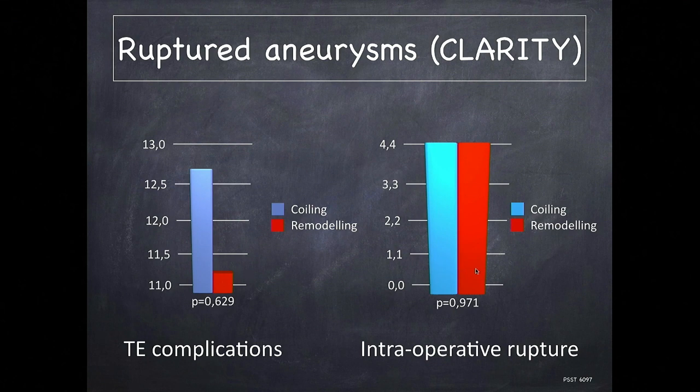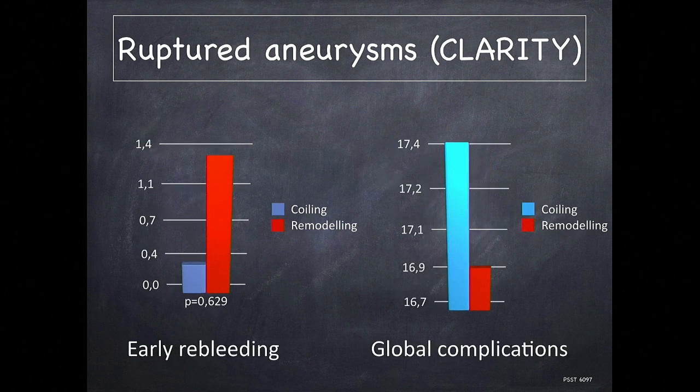Early rebleeding was slightly higher in the remodeling technique, but it was not significant. And the global complications were not different between the two groups.